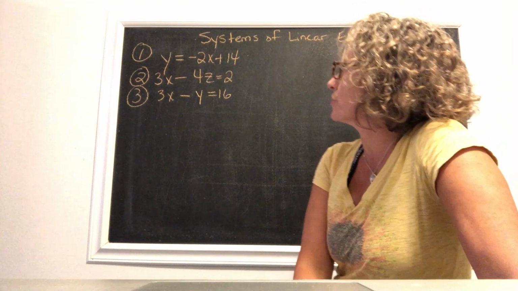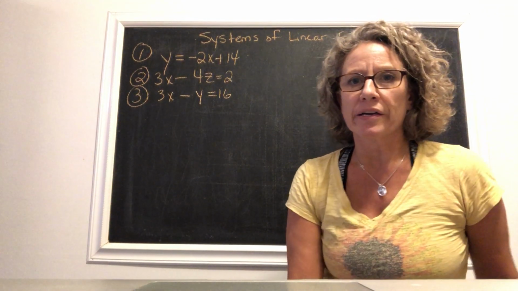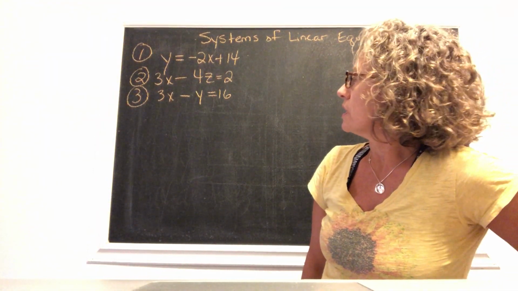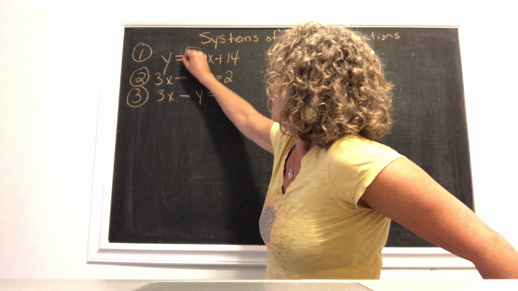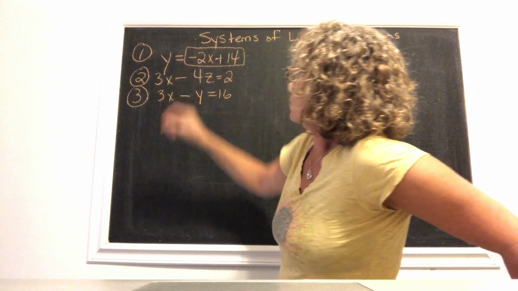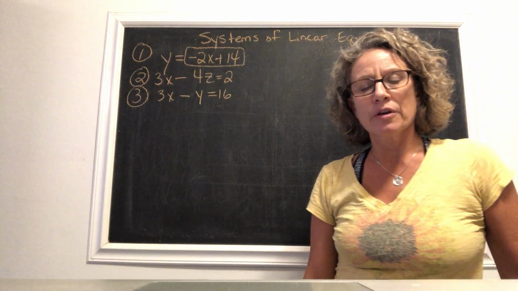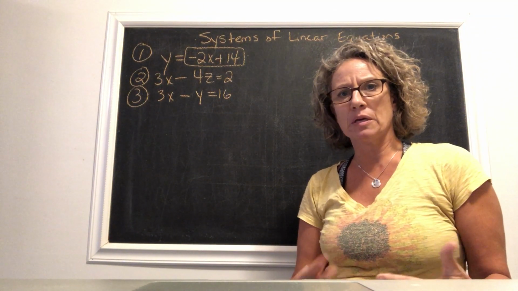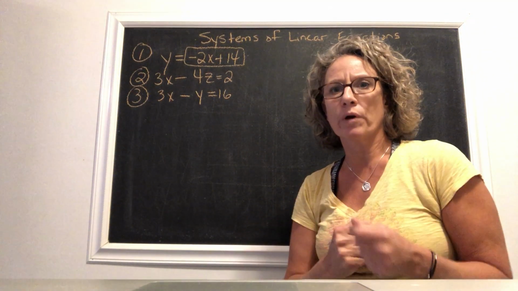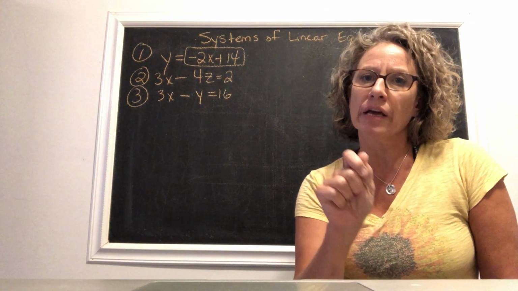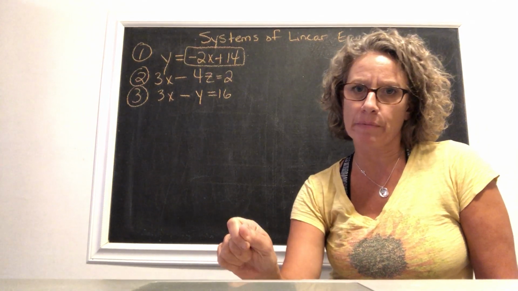So I noticed that equation number 1 has a y equals. Now y equals negative 2x plus 14 could be used to substitute for the variable y into another equation. Solving a system means finding the actual xyz coordinate that all three have in common.